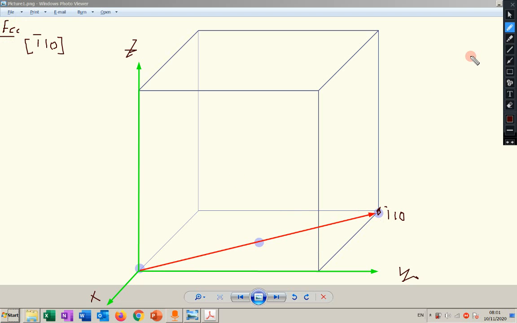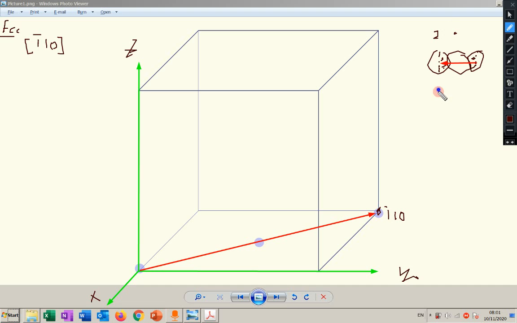That's going to be exactly the same: 3 atoms, because they are on the face, the length is going to be 4r, and the number of atoms is going to be 2 atoms, the way that we did.